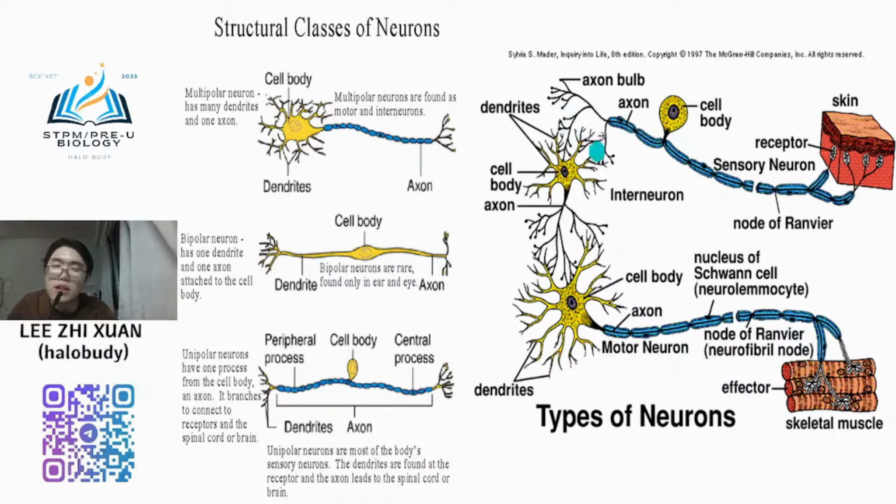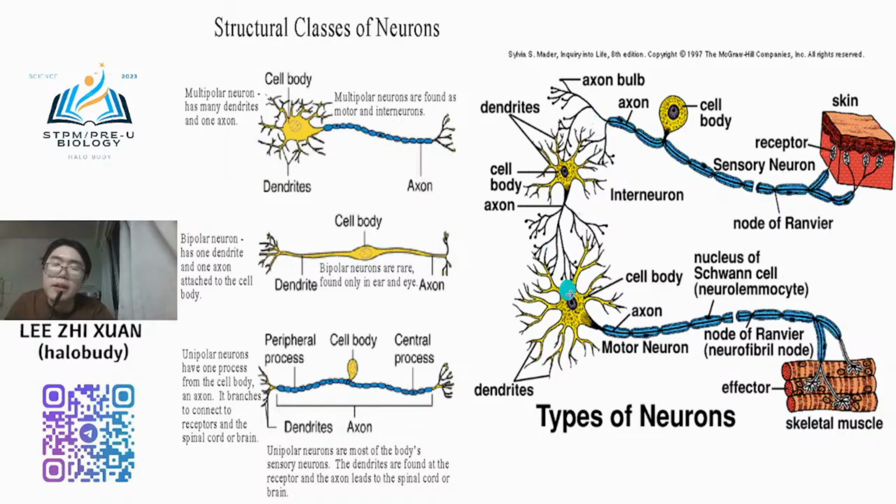The gap between the interneuron and the sensory neuron we call the synapse, right? This one you already learned in SPM.